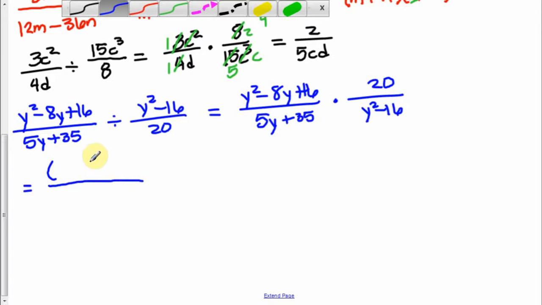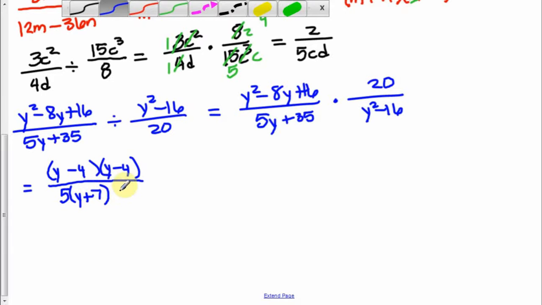All right, in the numerator, factors of 16 that add to be negative 8. That's going to be minus 4 and minus 4, because negative 4 times negative 4 is positive 16, but when you add them, you get negative 8. In the denominator, you're going to factor out a 5. I said that wrong.